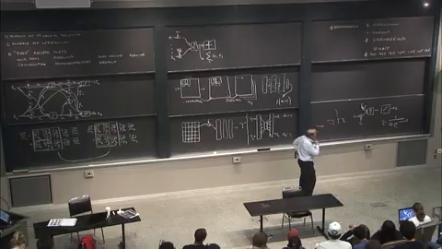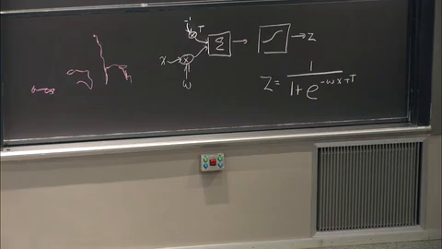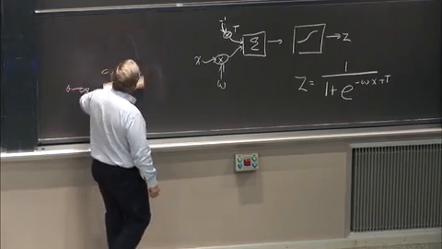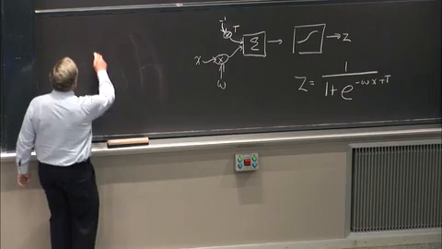So that's a sigmoid function that depends on the value of that weight and on the value of that threshold. So let's look at how those values might change things.